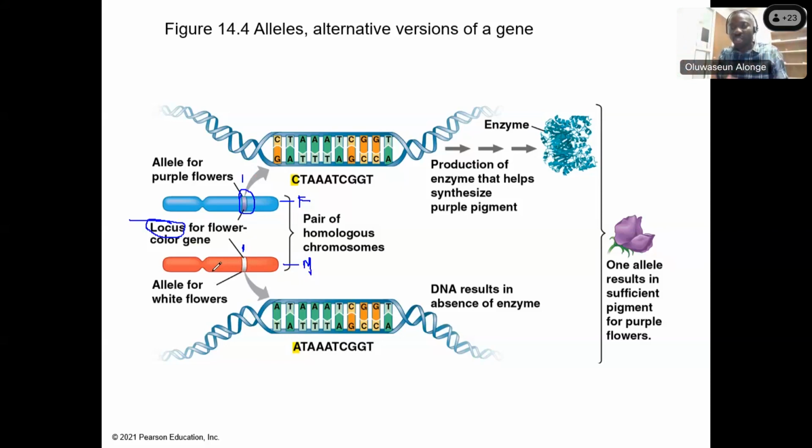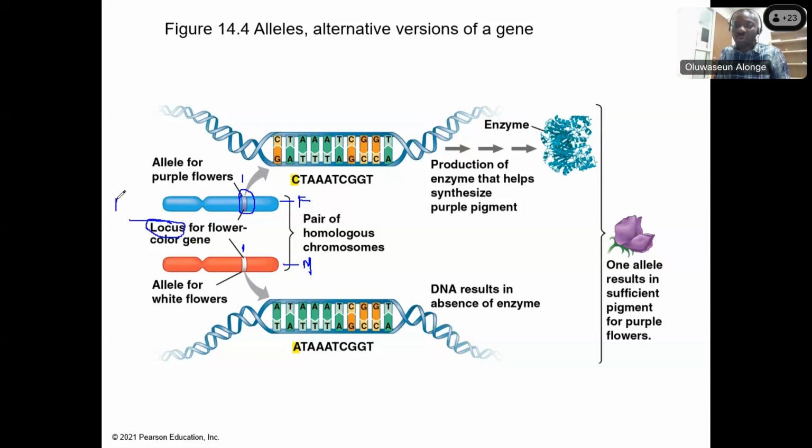Homologous chromosomes are chromosomes that have the same size, are on the same location, and have the same genes on those locations. That is homologous chromosome. So these are homologous chromosomes of each other, because this is the same chromosome from the father. This is the same chromosome.